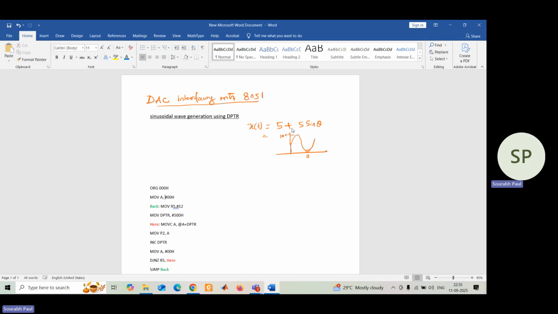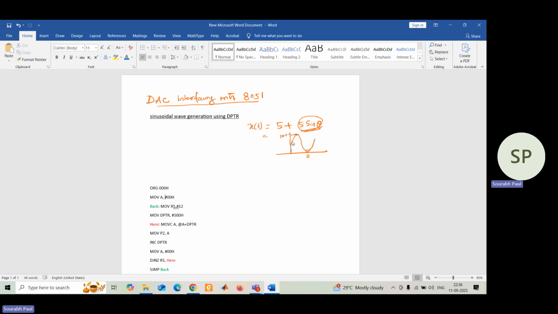All of you know from this equation, the sine component can have a minimum value of -5, so +5 -5 is 0, and it can have a maximum value of +5, so 5 plus 5 is 10. So the maximum value is 10, the minimum value is 0.